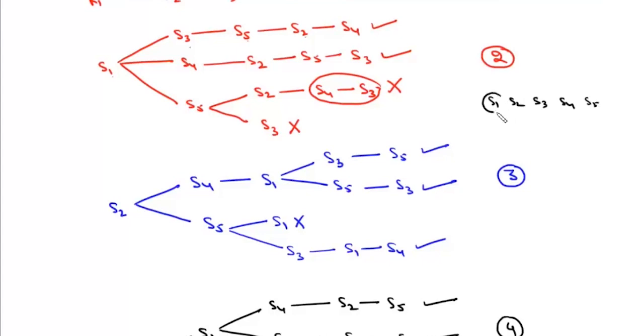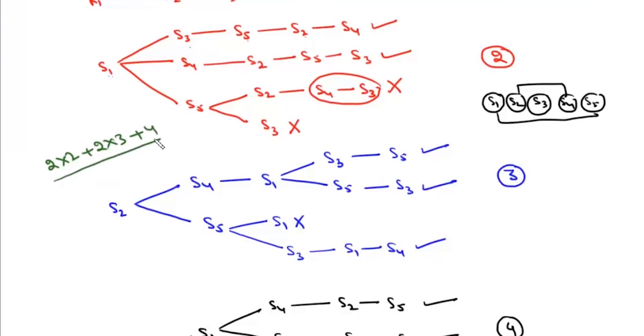Now if we look at S1, S2, S3, S4 and S5, the condition for S1 is the same as the condition for S5, the condition for S2 is the same as the condition for S4, and S3 has its condition of its own. So the total number of favorable cases will be 2 into 2 for S1 and S5, plus 2 into 3 for S2 and S4, plus 4, which is for S3, divided by the total number of ways of arranging these 5 students in 5 places, which is simply factorial 5.